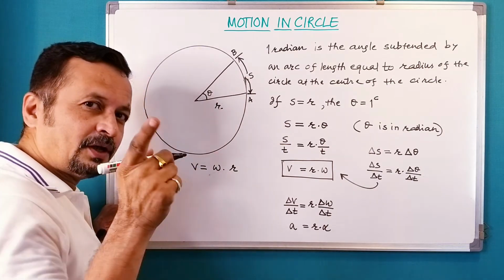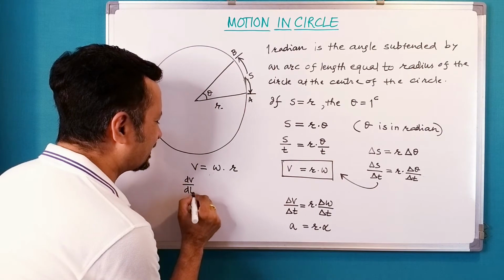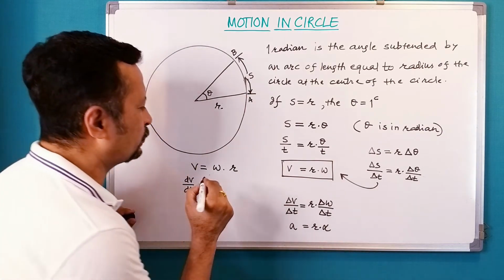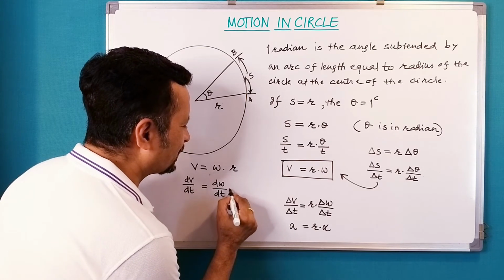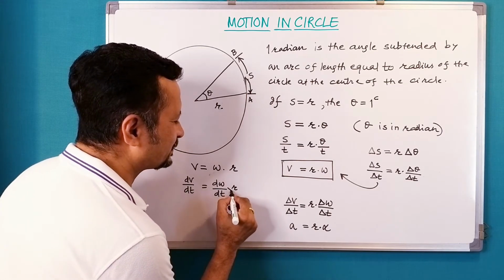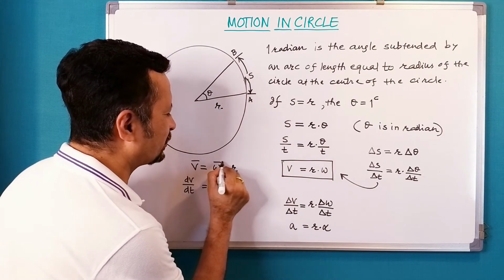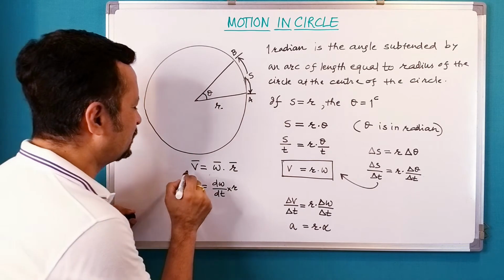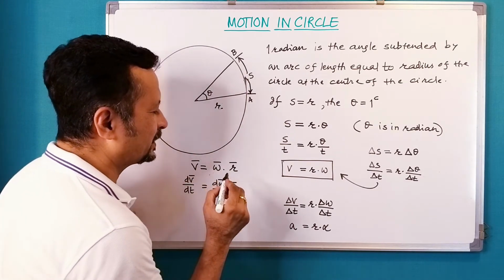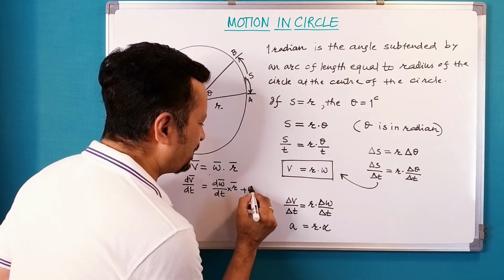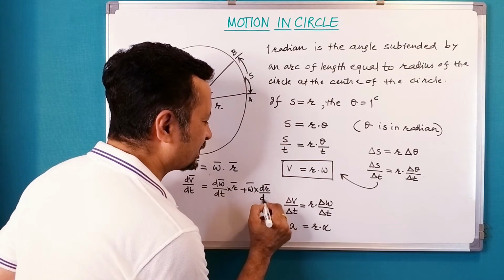Now I will differentiate. So dV by dt, I am going to use product rule over here. So d omega by dt r bar. I am taking vector forms. So dv bar by dt is d omega bar by dt cross r bar plus omega bar cross dr bar by dt.